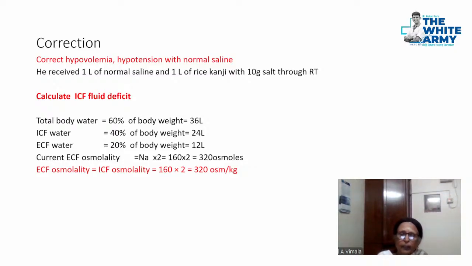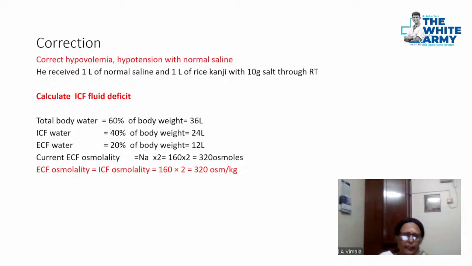He is only 50 years old, with no premorbid illness, so 60% of the body weight should be taken as water. So 60% of 60 kg is 36 liters. We also know that 40% of the body weight is intracellular water. So 40% of 60 kg is 24 liters, and extracellular water is 12 liters.